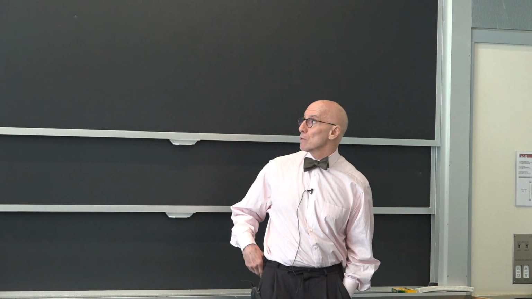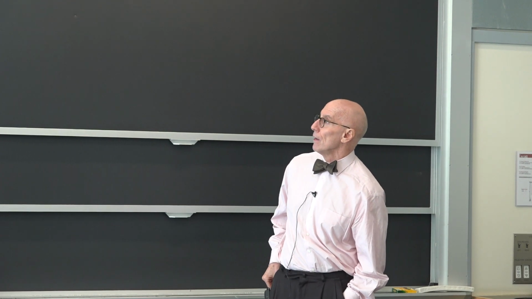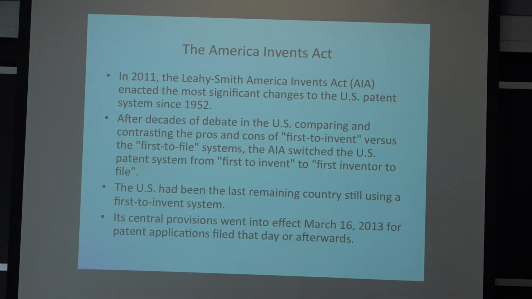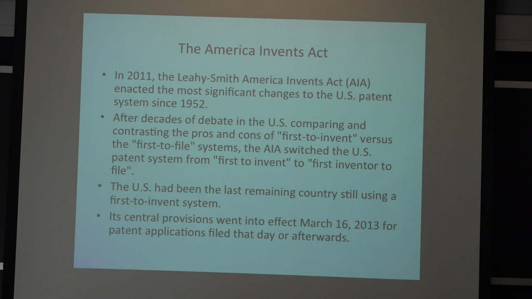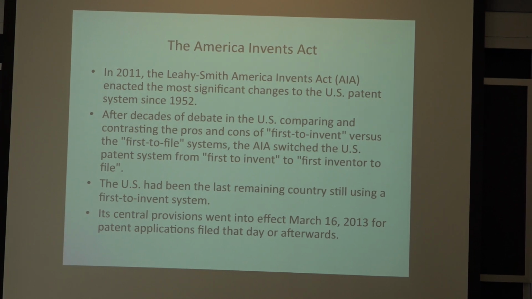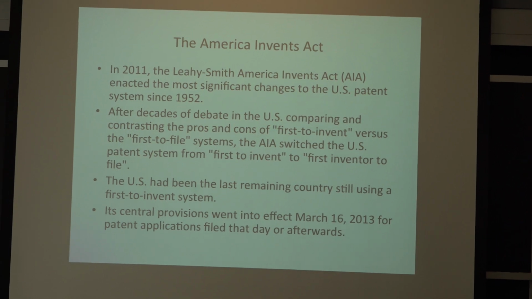And this came as a result of the America Invents Act that was passed in 2013. You know, there are pros and cons to first to invent and first to file. Oftentimes you could conceive of an invention before another party, and if you failed to file before they did, you would still have the right to the intellectual property under the old system.